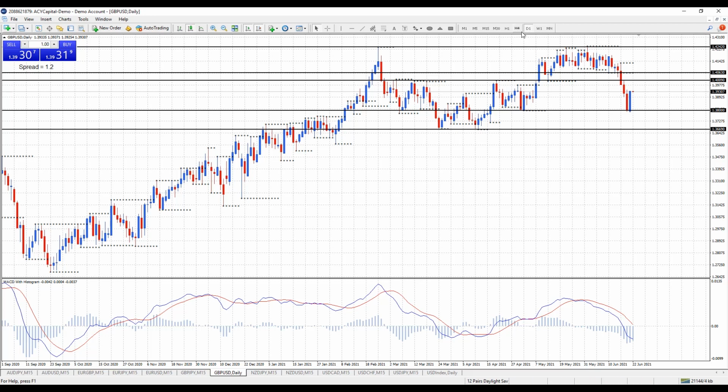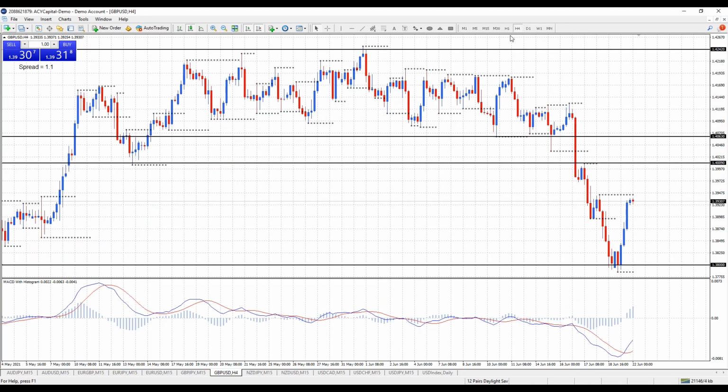Alright, so just dropping it down to the 4-hour chart. I'm going to put a fib on the high of last week down to the current low. And what I can see is that the 62% retracement level is at 139.99, almost in line with the daily resistance level at 140.09. So I'm going to be keenly watching this level to hold.